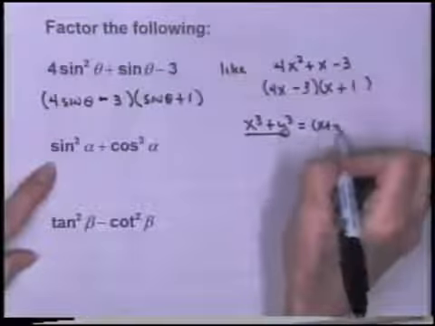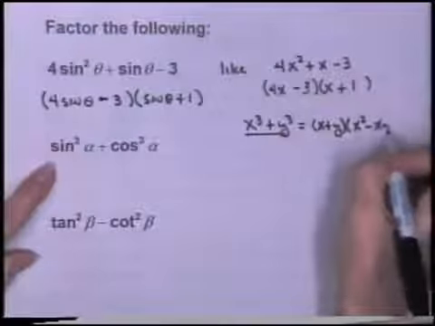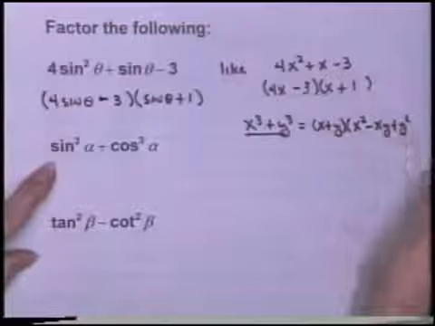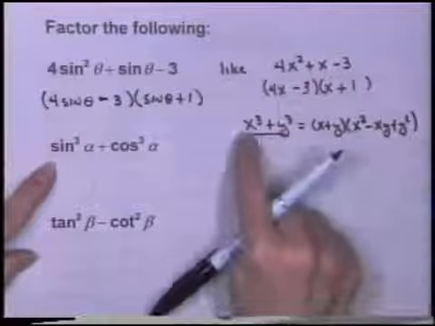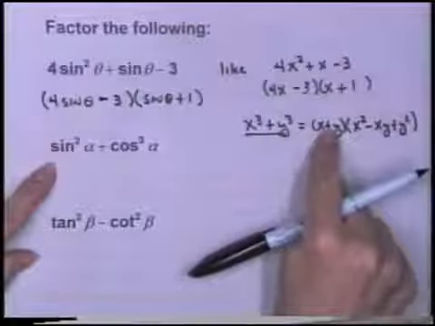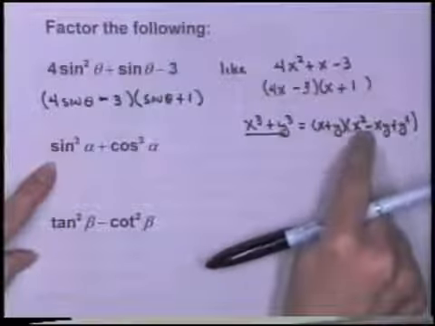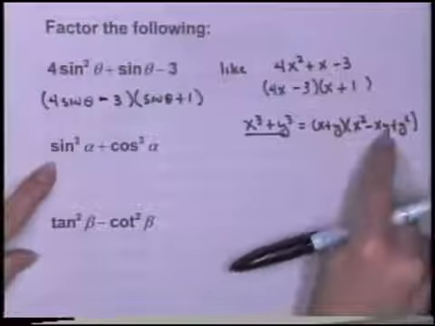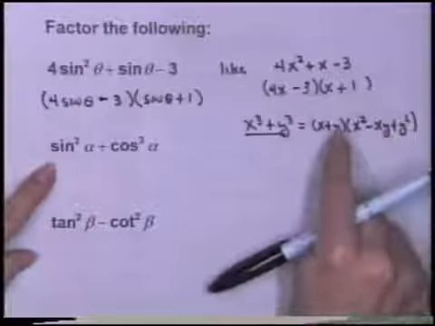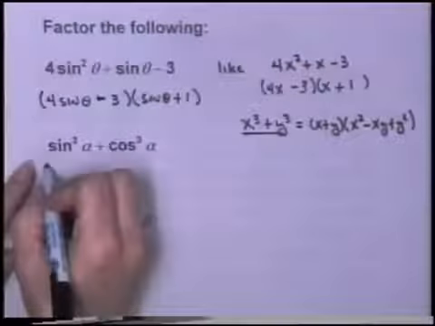This will factor into x plus y times x squared minus xy plus y squared. The process is you take the cube roots of these terms, same sign as what's between them, and then you work from your factor here. Square what you wrote down, opposite sign to this one, multiply these two, notice here there's no doubling, and then square the last one.